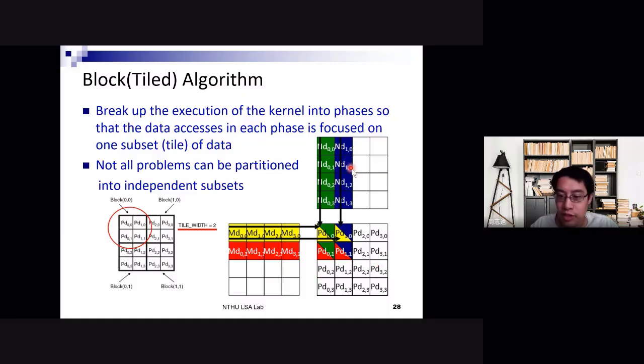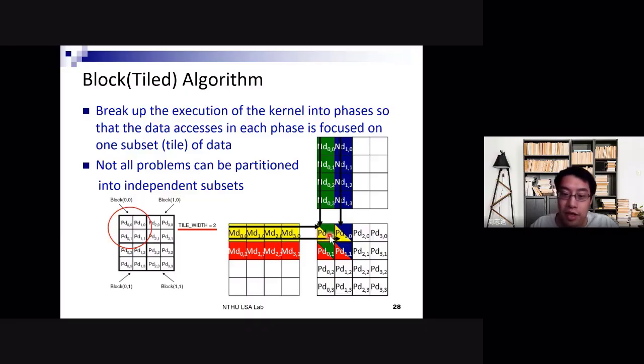So this is what happens for a matrix multiplication. As we know, we have to read every row from A and multiply by the column of B, and then take the aggregation to get the result for a single element in the C matrix.